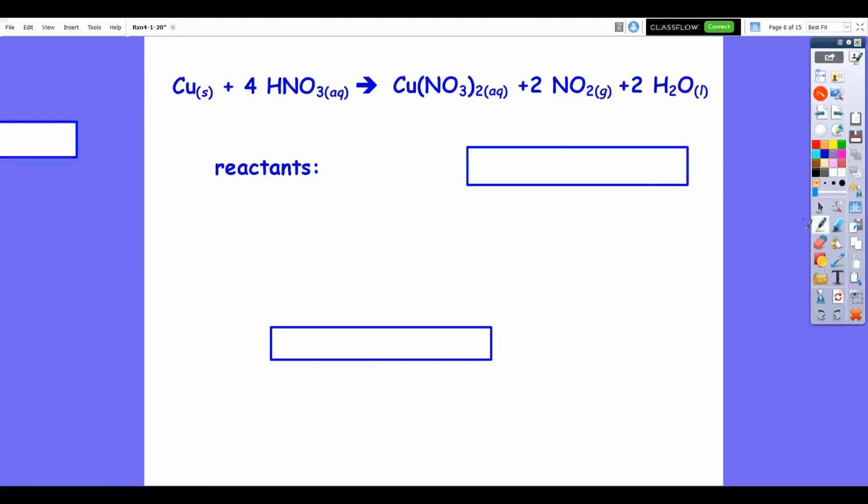My reactants are what all chemical reactions start with, and they're what's on the left side of the arrow, what we begin with. And I also like to say that this is what is being changed. What is going through this change? What is being transformed?